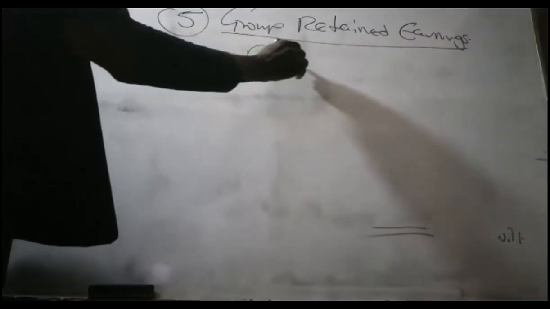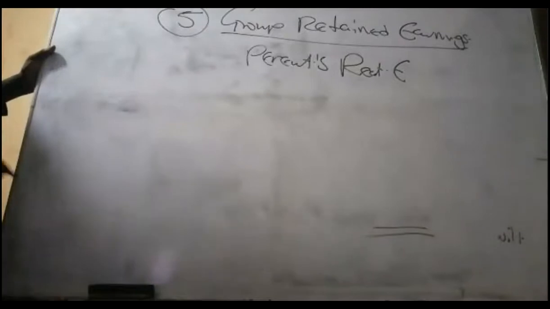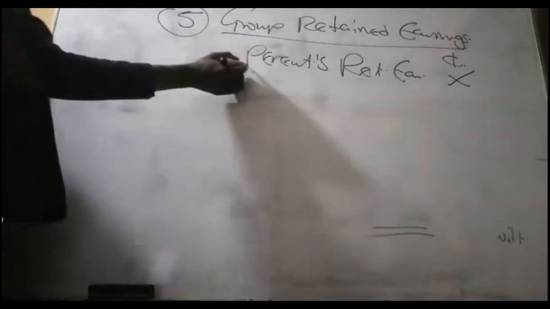That's all. So first, take all the retained earnings of the parent at reporting, and put it there.